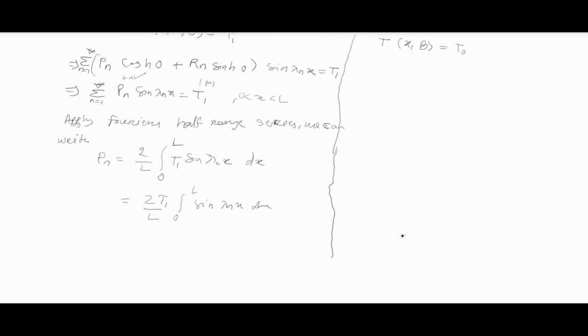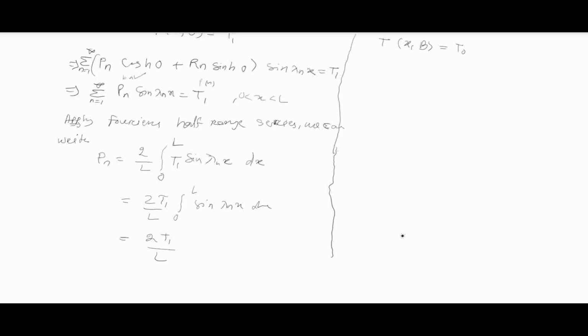This is equal to 2T1 by L times the integration of sin(lambda n x). We will get minus cos(lambda n x) by lambda n. How can you do that? Take lambda n x as u, v, or anything else, and in this way you can obtain the value.